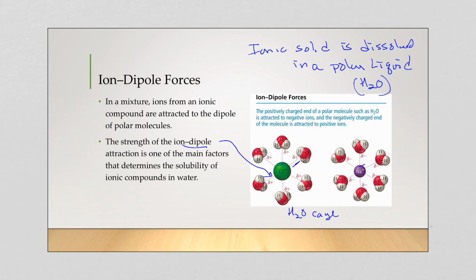And so ion dipole forces are a special kind of intermolecular force that we see in aqueous solutions of ionic compounds. And we use these to account for the ease of solubility of these ionic compounds in water.